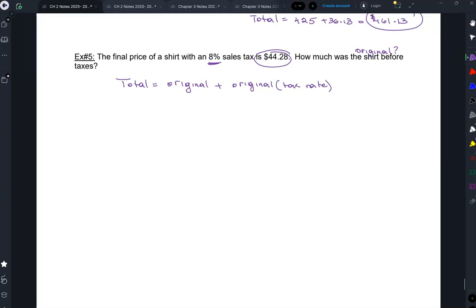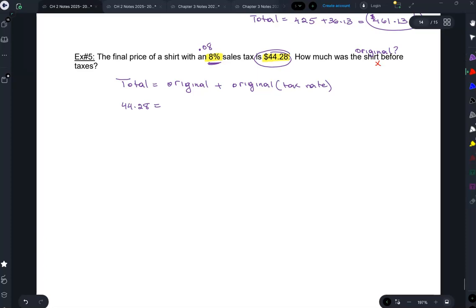Okay, so let's see. Now, we know what the total is. That's the total. Okay? We know what the tax rate is. 8% is 0.08. What I don't know is the original. So for the original, I'm going to call that X. So here, let's put in what I have. 44.28 equals.